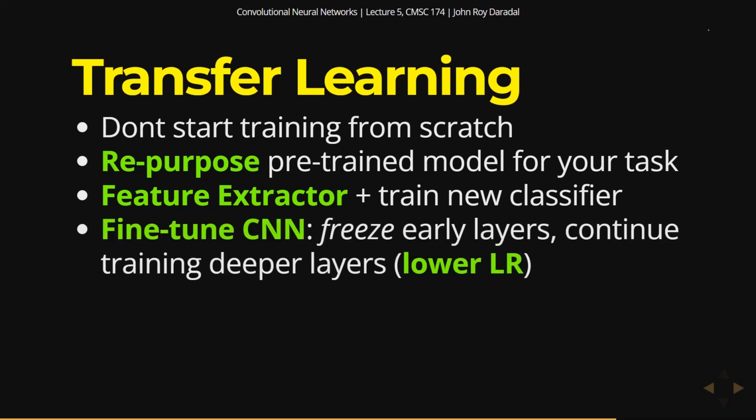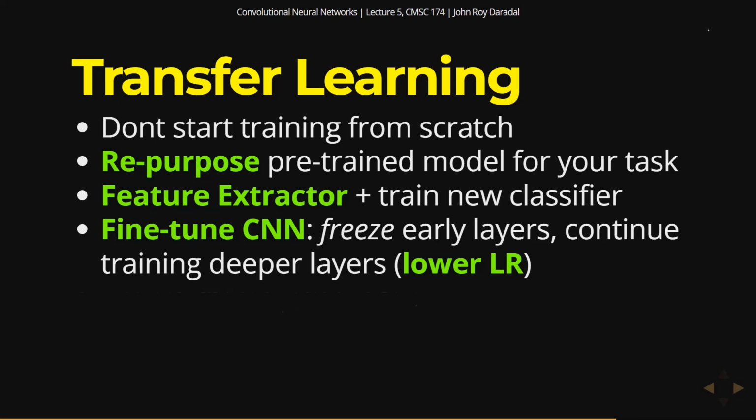Or another option is you can fine tune the CNN. So you could maybe freeze the early layers, like you don't learn the early layers again, but you continue training the deeper layers, but with a lower learning rate. So you only change them by a small amount, to be able to answer correctly what your new task is. Okay, because of course this existing model was trained for another task, and then you're just transferring its learning to your own task and then fine-tuning it, right?